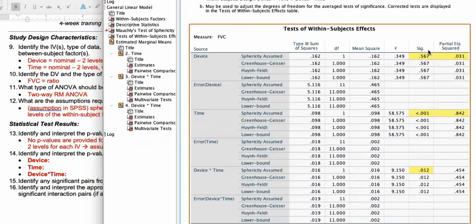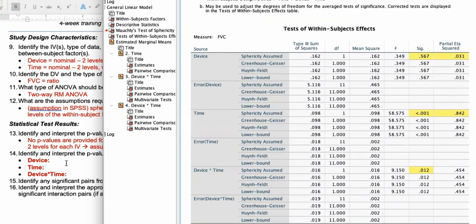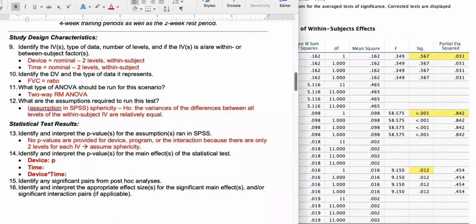But for device, we have a p-value under sphericity assumed that we've got 0.567. So we'll say p is equal to 0.567, which is greater than 0.05. So would you guys say we accept or reject the null hypothesis? Accept. Yeah.